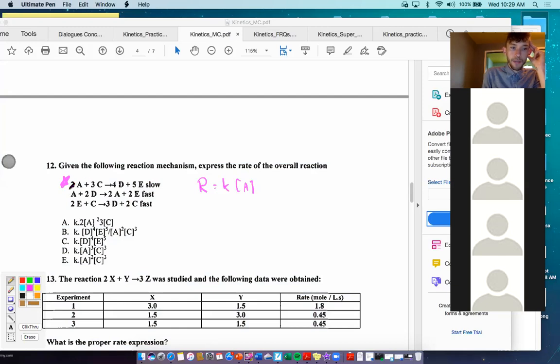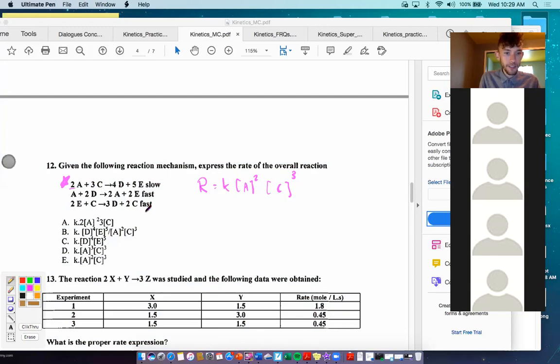A to the second power, concentration of C to the third power. And now I need to pause and make sure that C is not an intermediate.